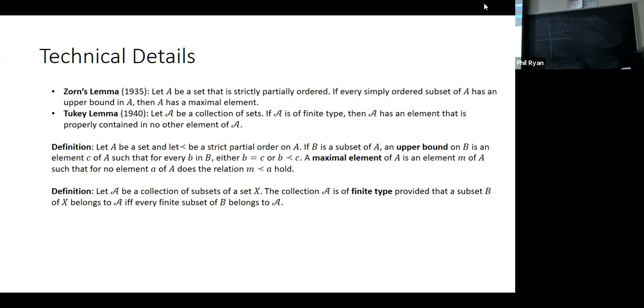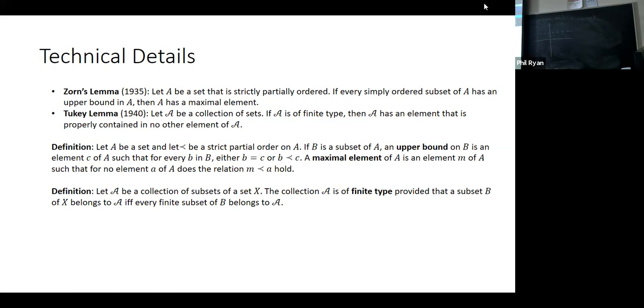So for Zorn's lemma, an upper bound, right? You've got a strict partial order. An upper bound on B is an element C of A, it doesn't have to be in B, such that for every b in B, either b equals C or b is less than C. And a maximal element is an element M of A such that there is no other element for which M is less than that element.